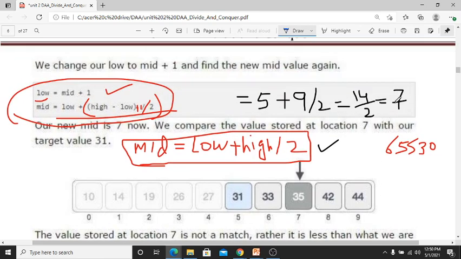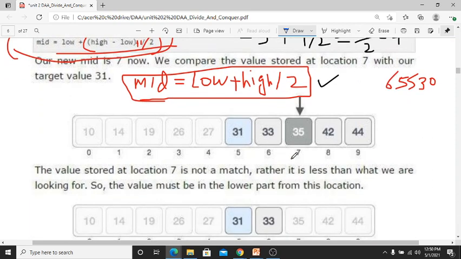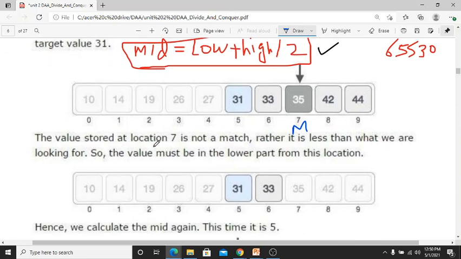Next, what is our seventh one? Our seventh one is this. Now we have a mid value. When we have a mid value, what we need to do now is check: the value stored at location 7 is not a match, because 31 does not equal 35.